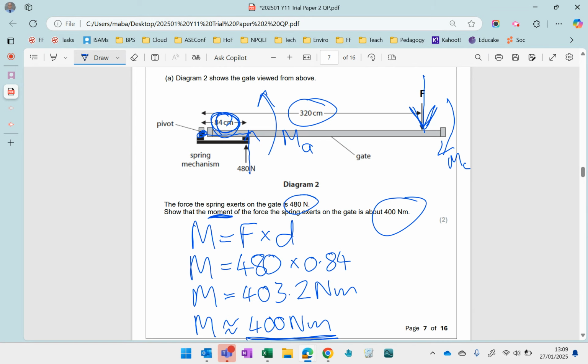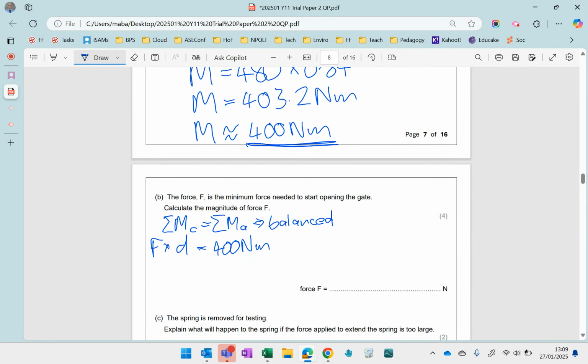We know that distance, that's 3.2, times the force, equals 400 newton meters. If you put that into a calculator, you'll find the force is about 126, which, to two significant figures, is about 130 newtons. So that's one way that you could do it.